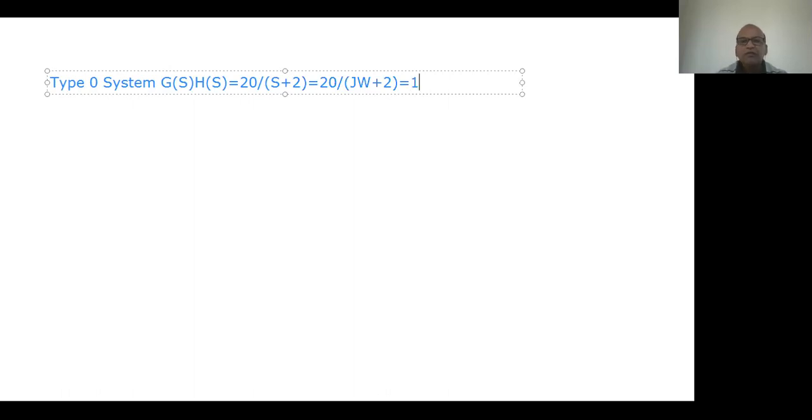The resultant equation is 10 divided by (1 plus j omega times 0.5). This is the resultant open loop transfer function in the time constant form.